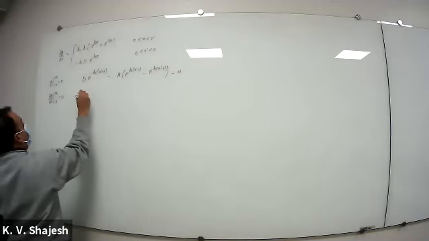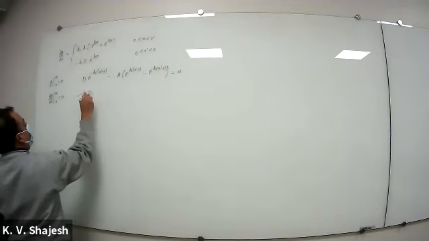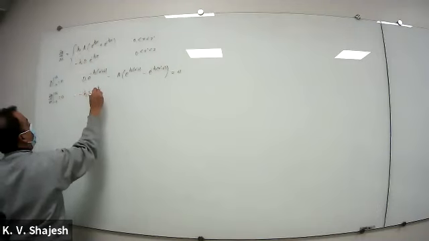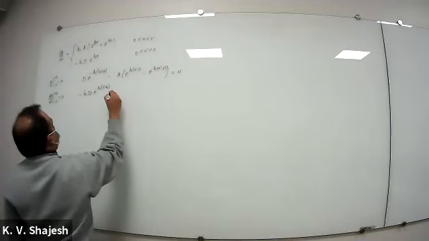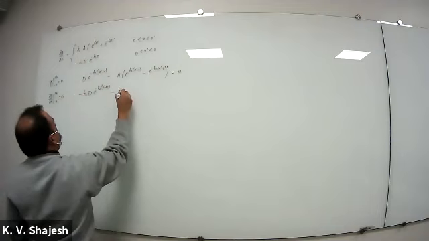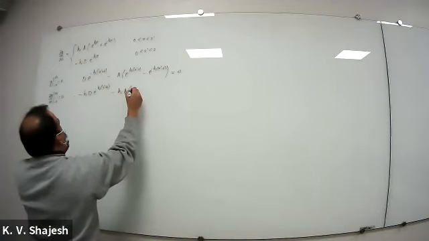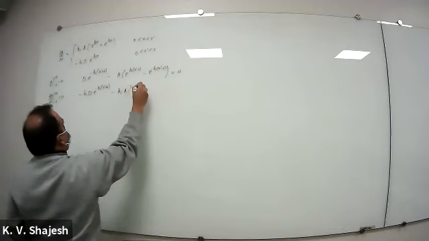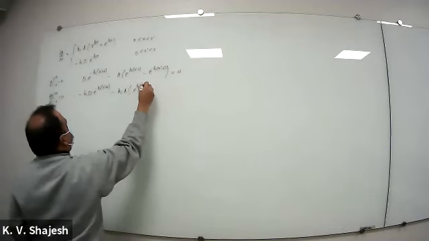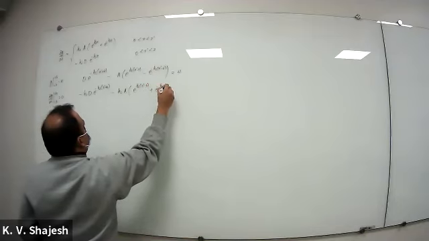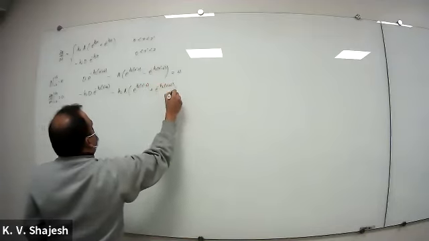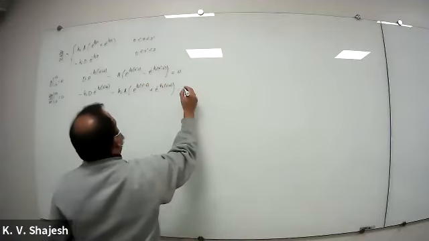So that's minus k perp D exponential of minus k perp z prime plus delta, and minus minus k perp A exponential k perp z prime minus delta, is equal to minus 1.